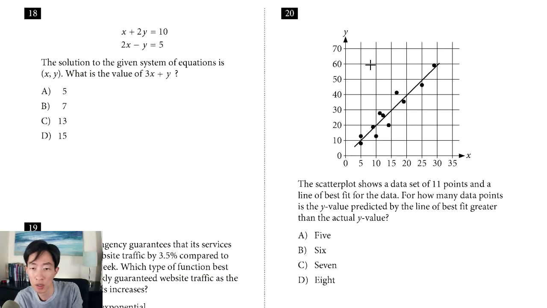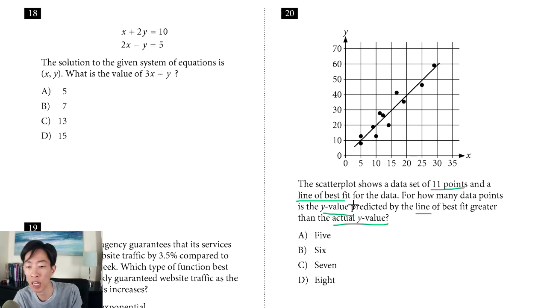Question 20, this is a scatter plot. It says a scatter plot shows a data set of 11 points and a line of best fit for the data. For how many data points is the y value predicted by the line greater than the actual y value? So keep in mind the actual values are represented by each dot, and the line is an approximation because it shows a pattern.